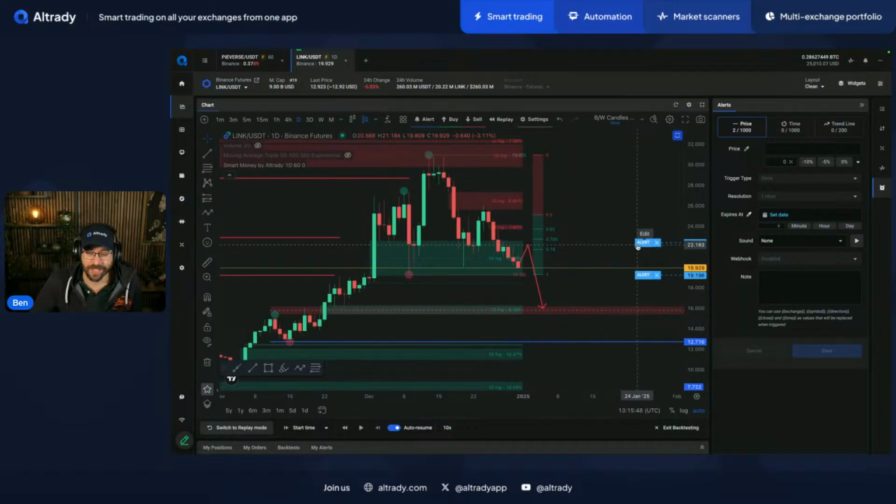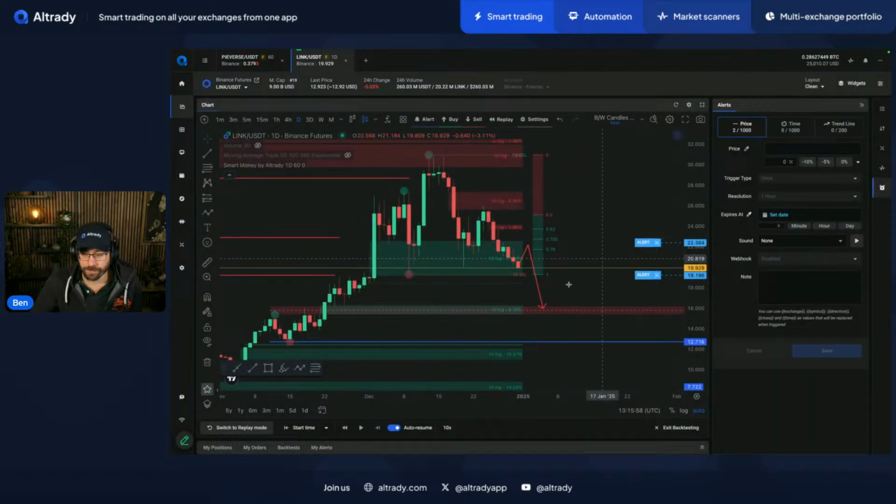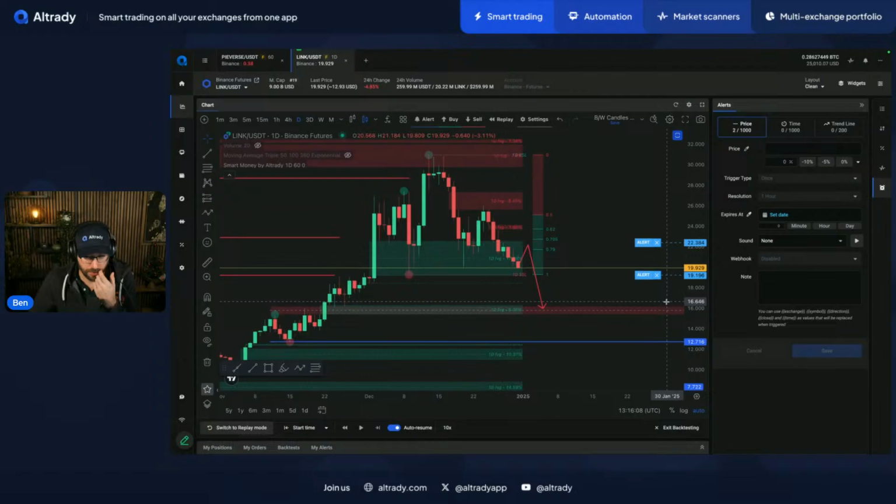It's definitely good to use the notes to notify you why this alert was happening. Once you've set the alert, you'll also see the note in here. And you can see it in your My Alerts widget, what your alert history was and what the note was with that. So you can watch it back to see which ones were triggered.